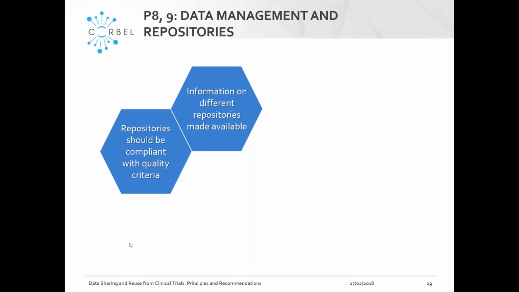And then making that information available to researchers and sponsors so that they can distinguish between the repositories and make the most appropriate choice for long-term data management. The key here really is long-term, because trial teams, individuals, even whole departments can change or evolve or disappear. So putting the data and related documents into a repository gives that long-term storage capability.